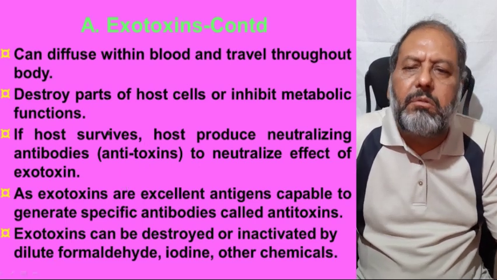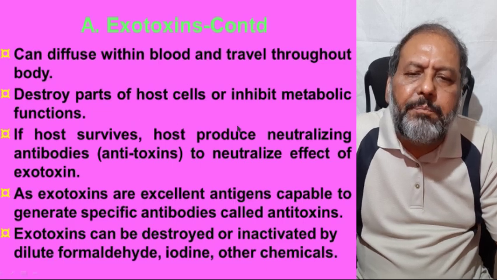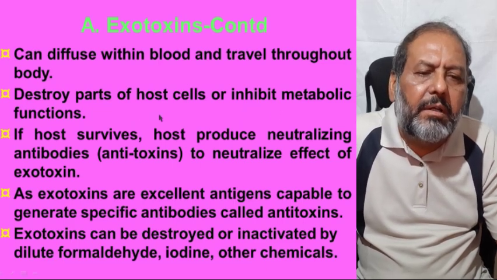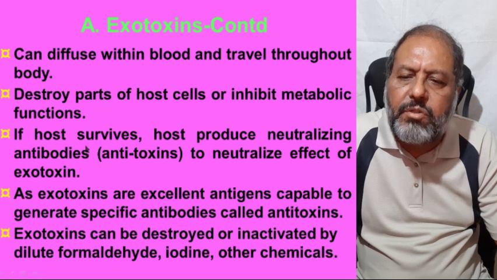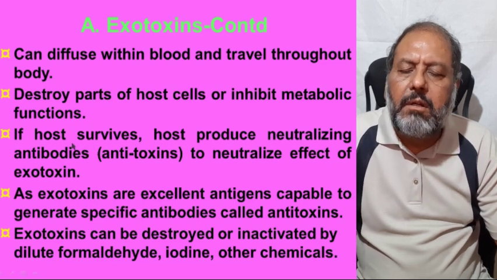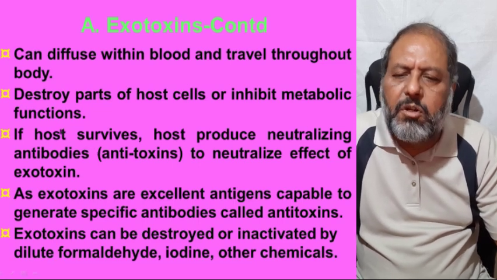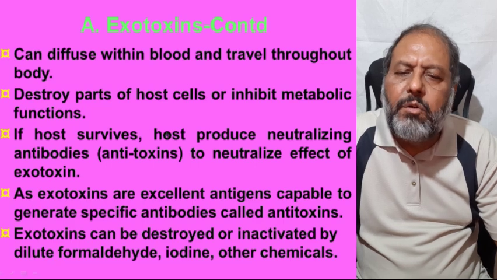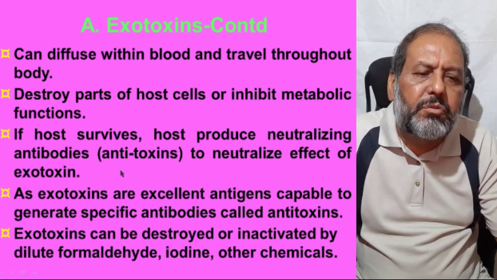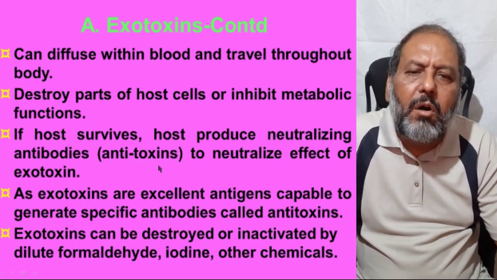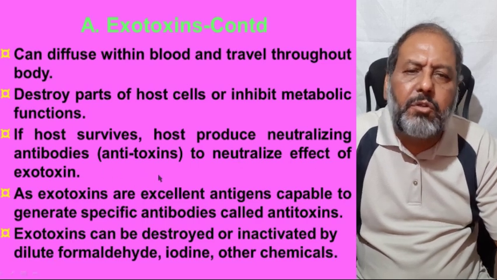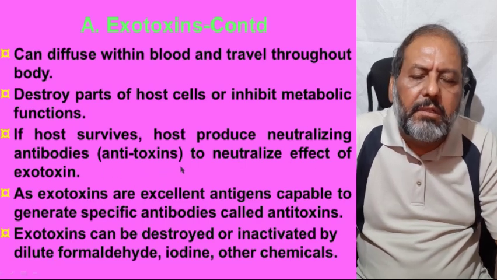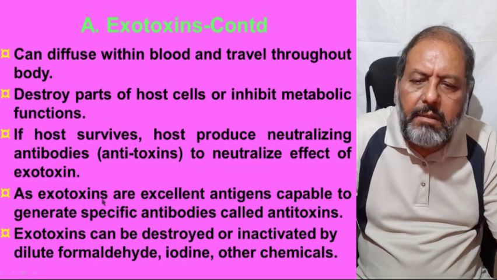and travel throughout the body. They destroy parts of the host cells or inhibit the metabolic function of the host cells. In the host, if the host survives the exotoxin, the host produces neutralizing antibodies or antitoxin to neutralize the effect of the exotoxin and to save the somatic cell.